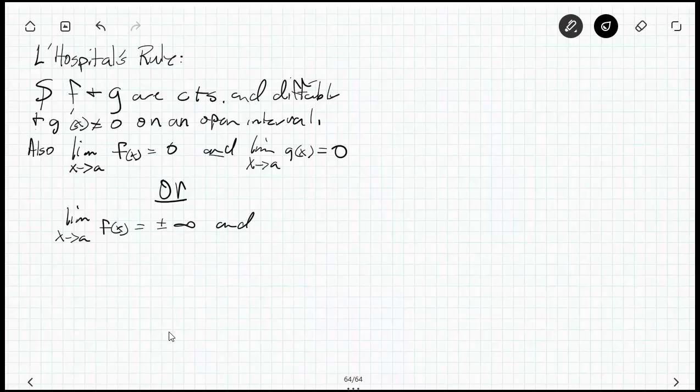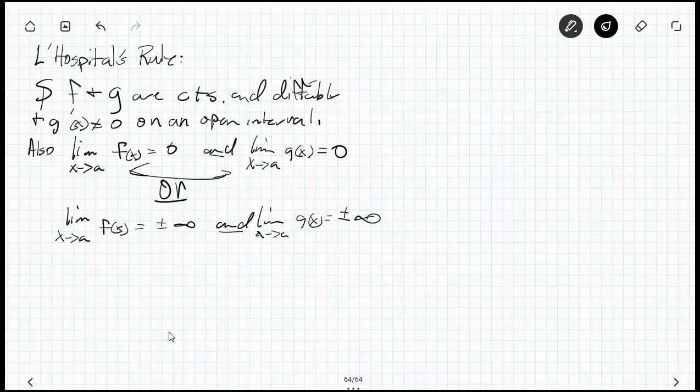And these two are linked together, and then we've got this or, and the limit as x approaches a of g of x equals positive or negative infinity, right?